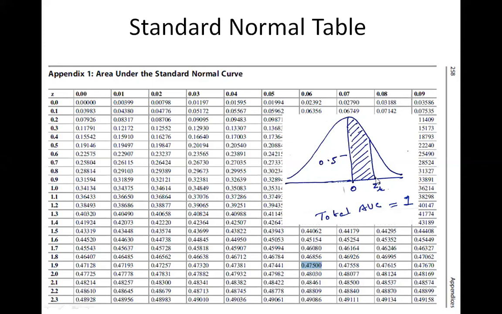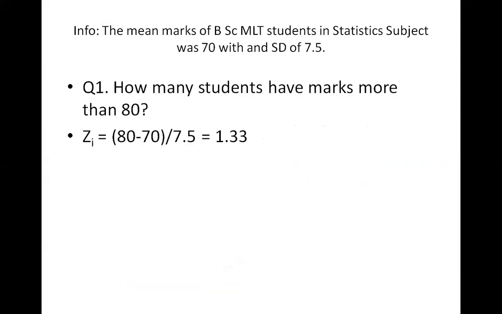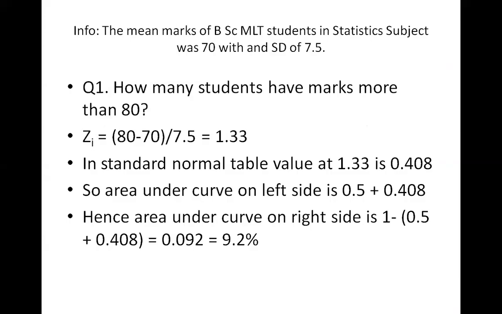I am interested in beyond or more than 1.33, what will be the area? Because the total area under the curve is 1, if you subtract this total from 1, you will get the percentage on the right side of this Z score. Is it clear now? Okay, sir. Any other question? Okay, so this is the end of this lecture.